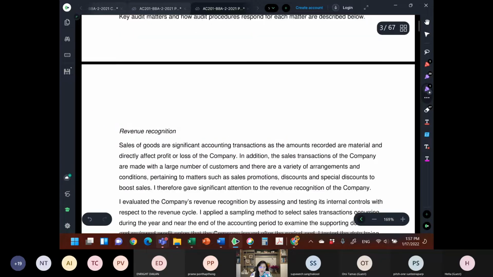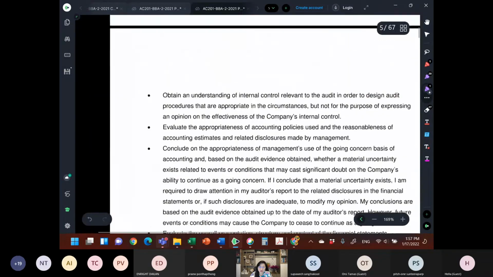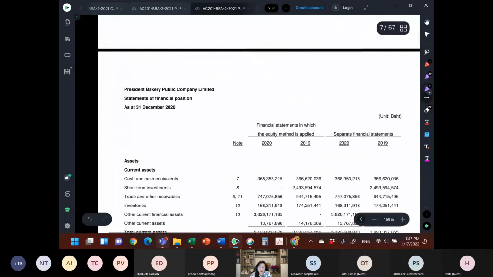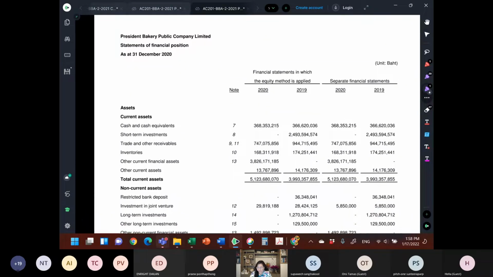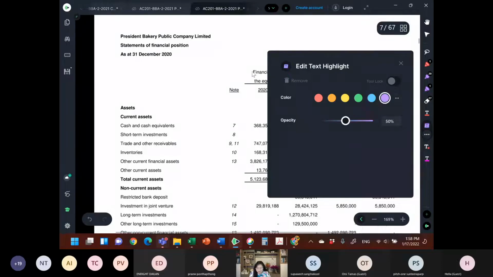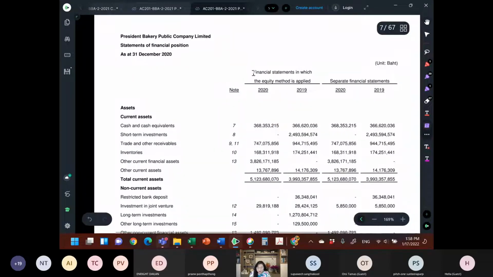So let me show you how the company presented the information. So let's take a look here. Over here you see the financial statements in which the equity method is applied, and over here you see the separate financial statements, okay? So these are the two sets of financial statements that the company prepared, set 1 and set number 2.